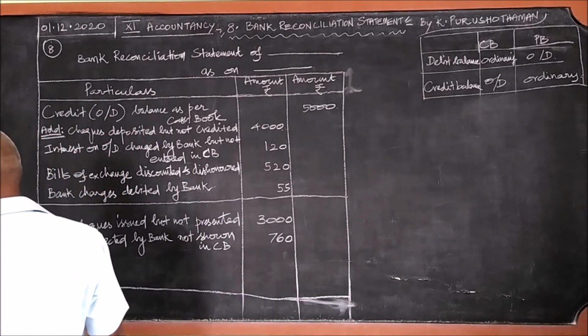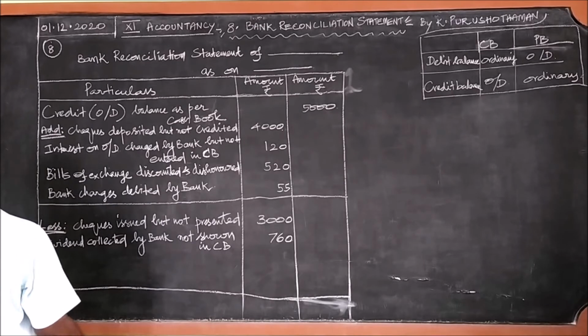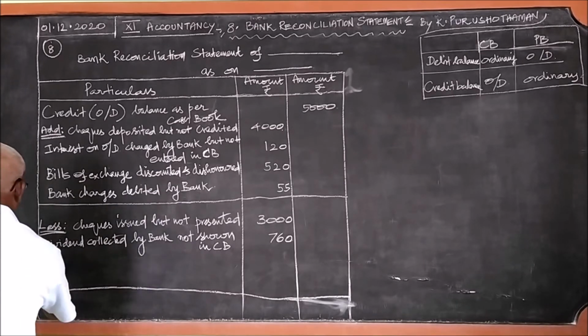And there is one more item. Interest charged by bank recorded twice in the cash book.